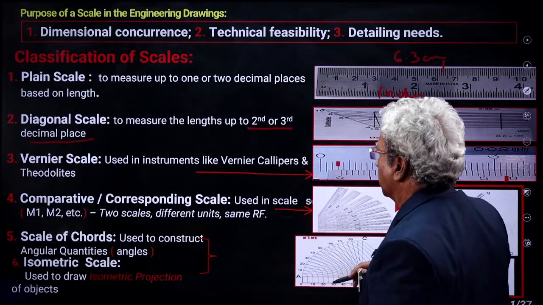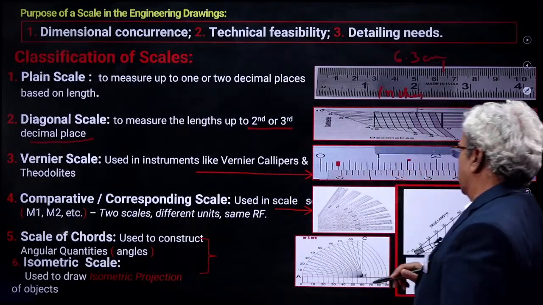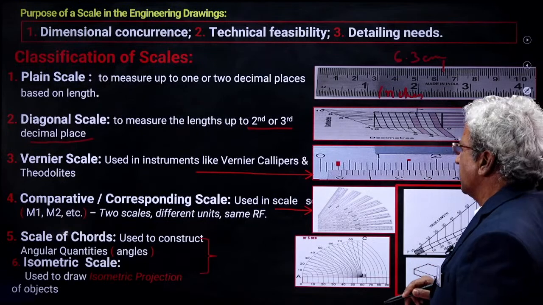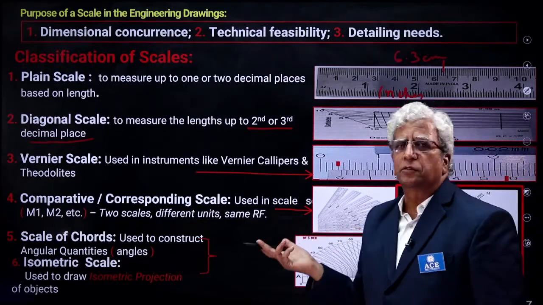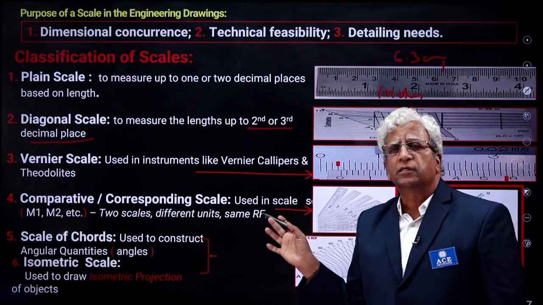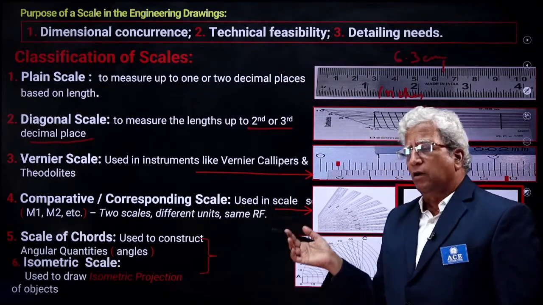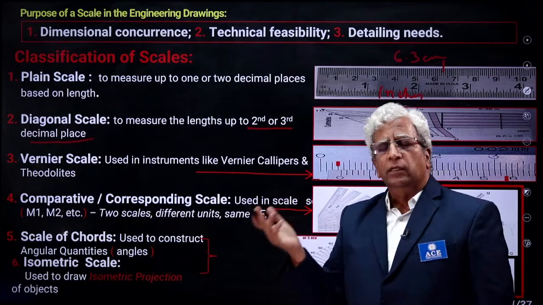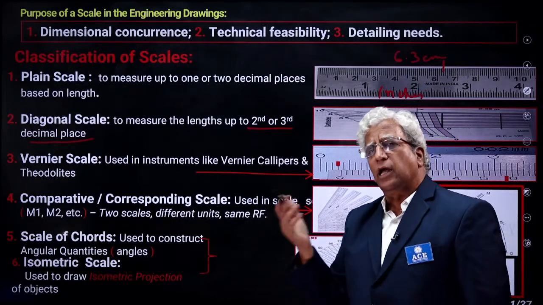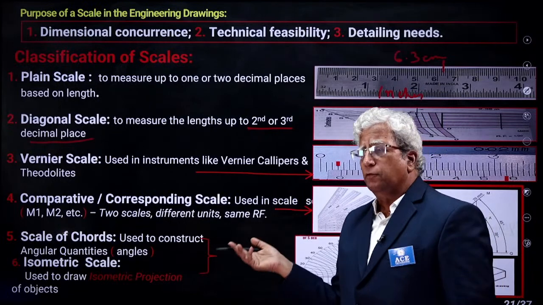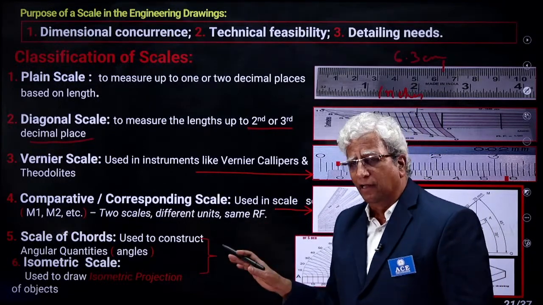Then scale of chords. This is used to construct angular quantities in the absence of an angle measuring instrument. This is also obsolete. Nobody is using, to my knowledge. Nowadays we have laser instruments, even electronic instruments like total station. So many accurate ways of locating things are now available.